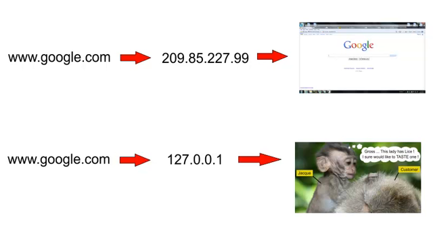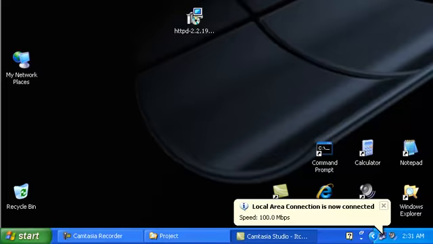So the question of the hour is, if we right now type the words www.google.com into the address bar of the Internet Explorer, which website's going to pop up? Well, I don't know. Let's find out.